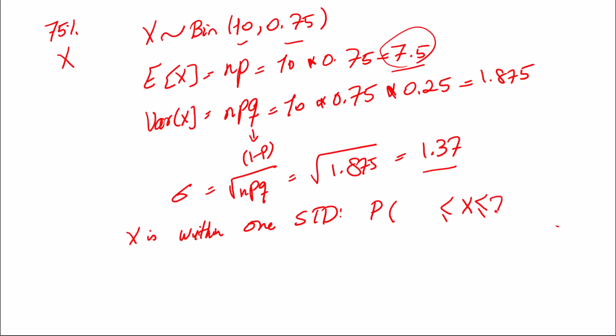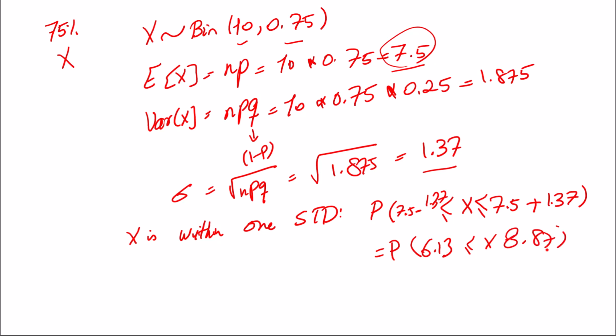It means 7.5 plus 1.37 and 7.5 minus 1.37, which is equal to the probability of x between 6.13 and 8.87. Because our variable is discrete, simply we can say probability of x is equal to 7 or 8.